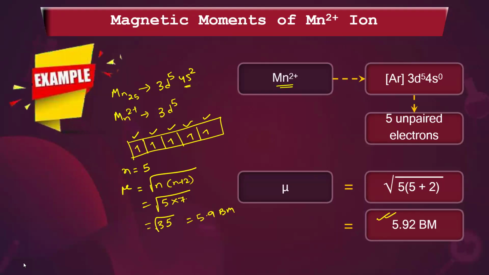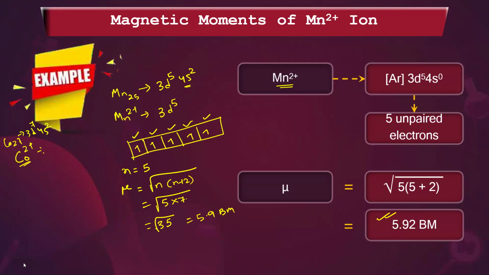Similarly, you can calculate for, suppose, cobalt 2+. Cobalt has atomic number 27 and configuration 3d7 4s2.